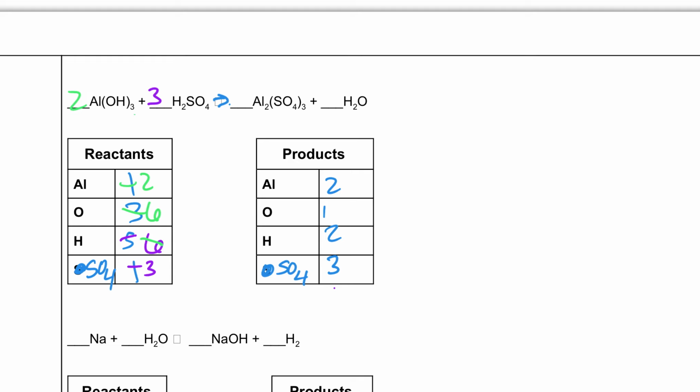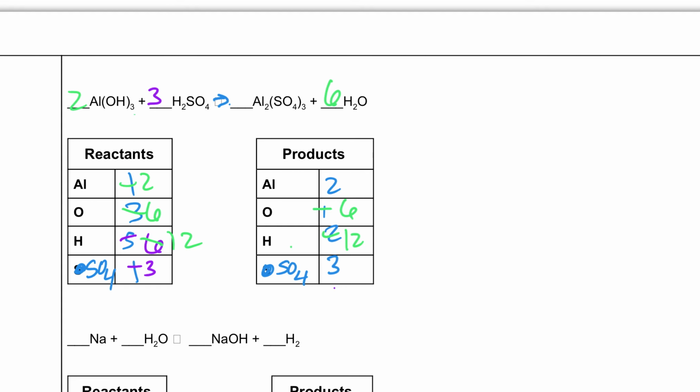And my number of hydrogens, 3 times 2 is 6. 3 times 2 is 6, so 12 total hydrogens. Now, my only thing that's not balanced are my oxygens and hydrogens that aren't attached to a polyatomic. And I have 12 hydrogens and 6 oxygens, which means I need to put a 6 here.